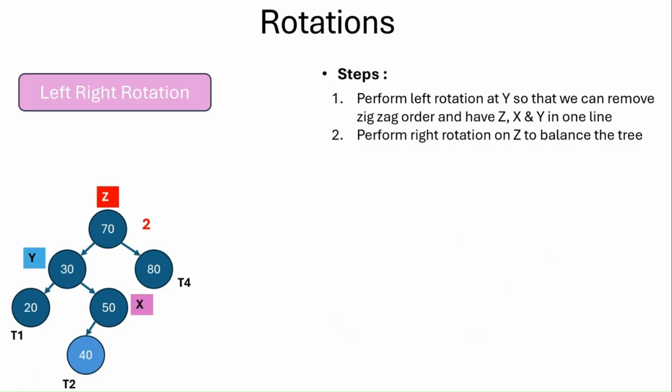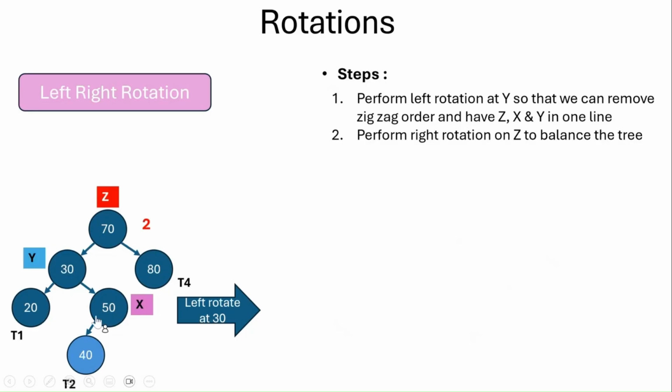Now T1, T2, T3 are the subtrees which are connected to our Z, Y, X, to understand in a better way. Now, if we left rotate at 30, right, we want to break this zigzag structure. So if we left rotate at 30, what will happen? 50 will become the root here, and 30 will become the left child of 50.